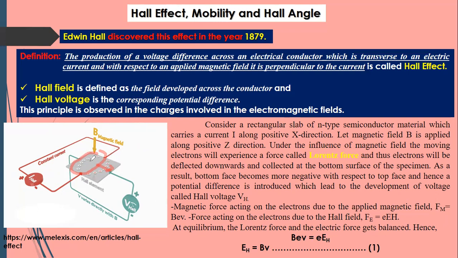The electron charge and the opposite positive charge create what? An electric field, and that electric field is nothing but the Hall field.